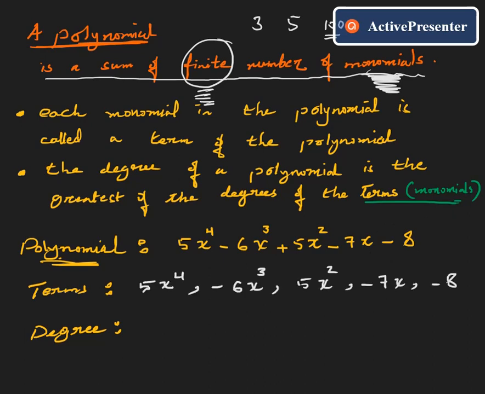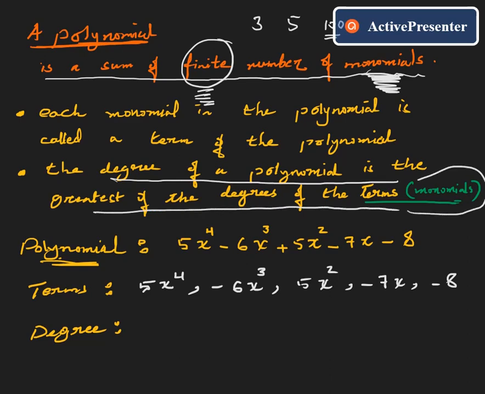Also, what is the degree of the polynomial? We know that the degree of the polynomial is the greatest of the degrees of the terms or monomials, and the degree of a monomial is the sum of the exponents of the variables in that monomial. What is the greatest of the degrees of the terms?